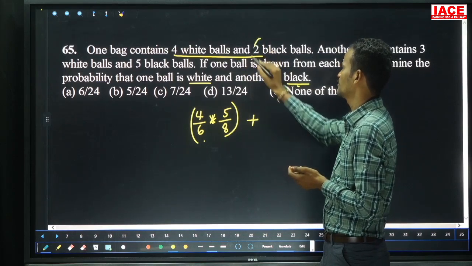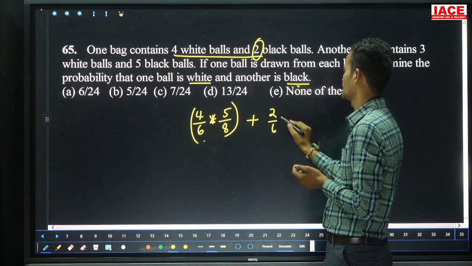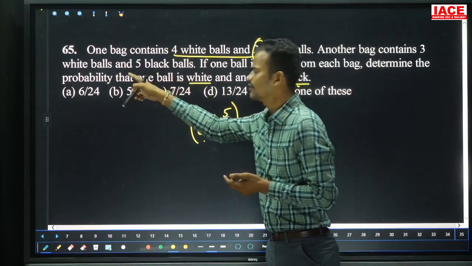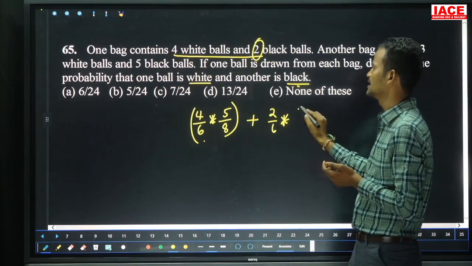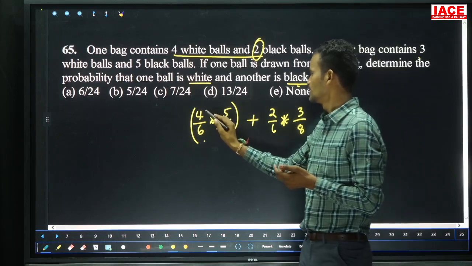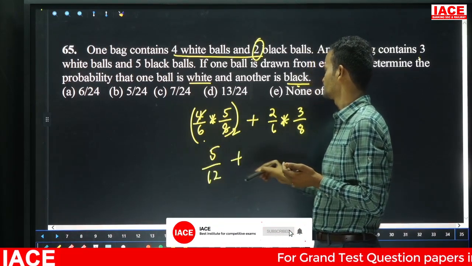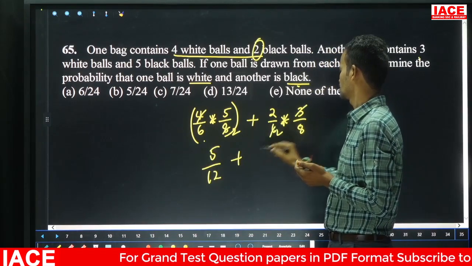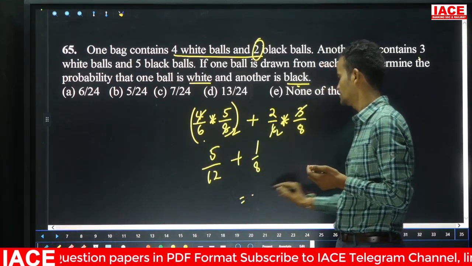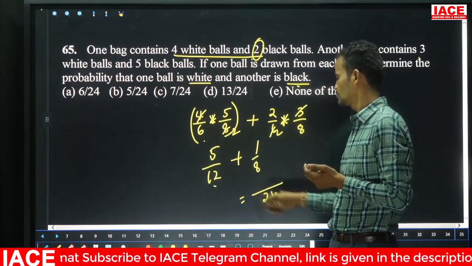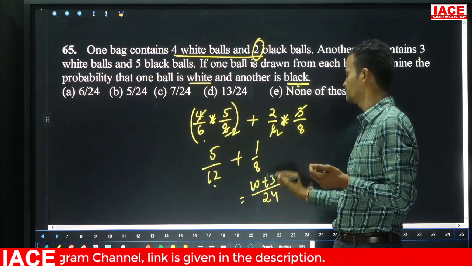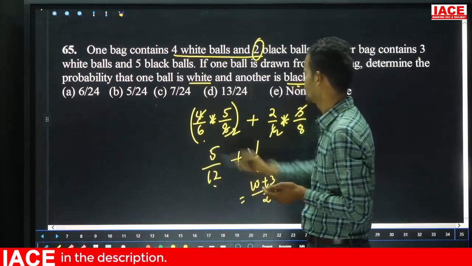What is the black ball value? 2 by 6, into the second bag. Now you have to draw a white ball. White balls are 3 by 8. Okay, 4 ones are 4, 4 twos are 8, 5 by 6 twos are 12: 5 by 12. Now 3 ones are 3, 3 twos are 6, so 1 by 8. Now what is the LCM value? 24. 12 twos are 24, 5 twos are 10. 8 threes are 24, 10 plus 3, 13 by 24. Option D. Clear?